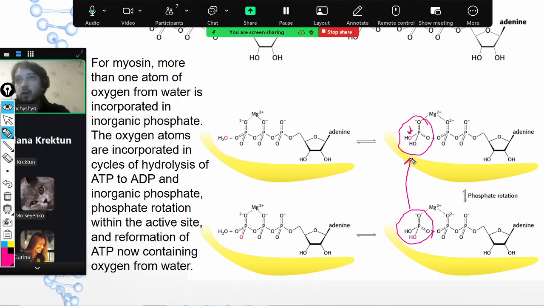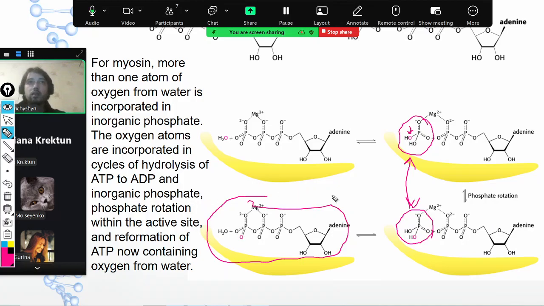Now the phosphate has rotated. If you compare these two images, you see that the red oxygen is in a different place, so it has rotated a little bit, and it may happen that it will reattach once again because you have that K inside of the enzyme close to 10. And once again we can get back to this situation and hydrolyze it. Here the water is expelled, but a different molecule of water may come with the heavy oxygen.